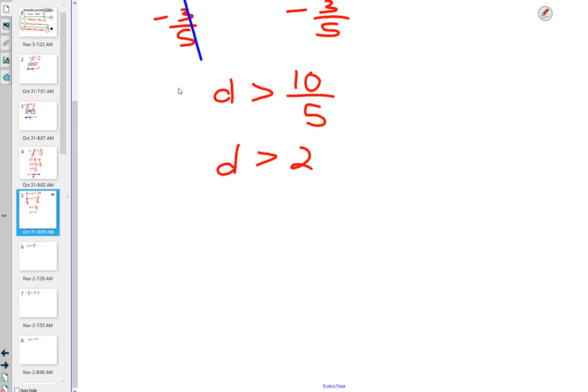Okay, now it's time to graph. Soha, what is the critical point here? Critical point?